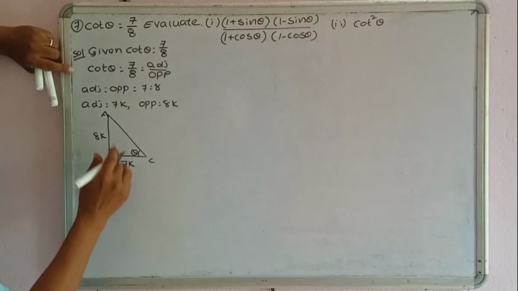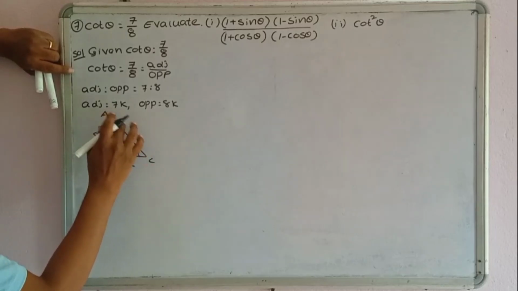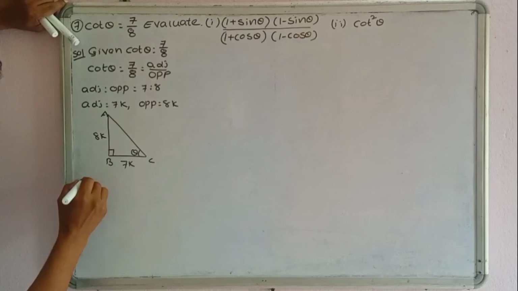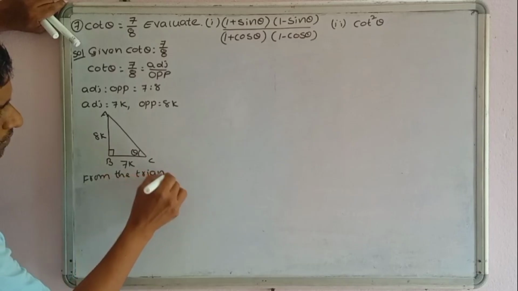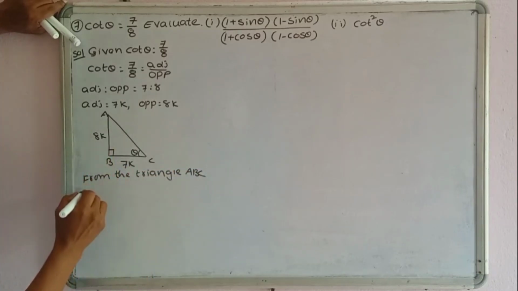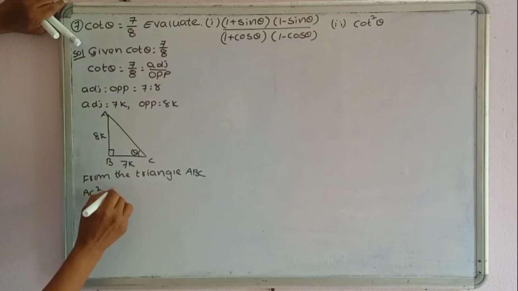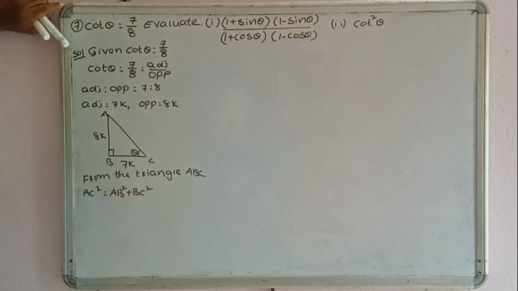Using this data, by the Pythagoras theorem, first find the value of AC. From triangle ABC, AC square equals AB square plus BC square. This is the Pythagoras theorem statement: hypotenuse square equals side square plus side square.